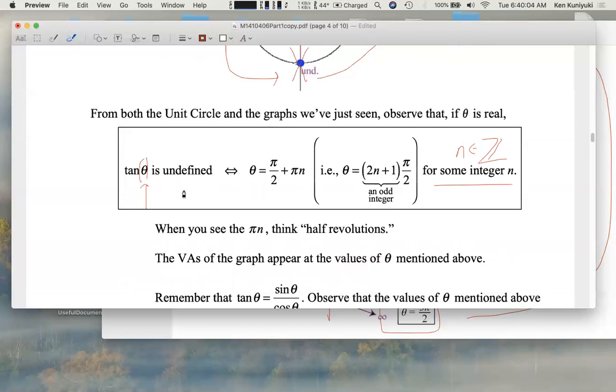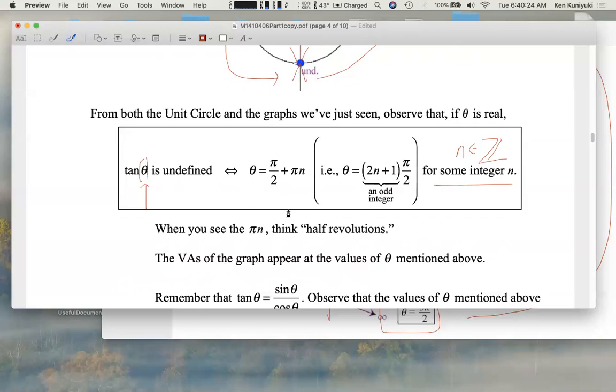We have a problem. Tangent is undefined when theta is of the form pi/2 plus 0 pi, plus 1 pi, plus 2 pi, and so forth. Also, minus 1 pi, minus 2 pi, and so forth. N could be 0, a positive integer, or a negative integer. We do not need plus or minus.